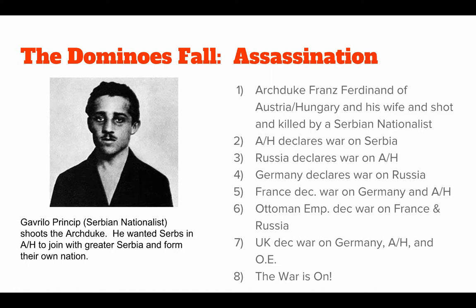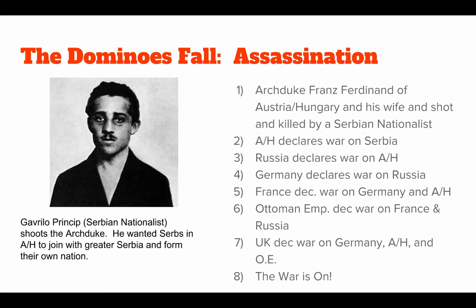So they want to break away and form their own nation. And he is definitely caught up in this cause. He, as a part of this, thinks it would be a good idea to assassinate the Archduke of the Austro-Hungarian Empire, Franz Ferdinand. He ends up killing him, and as a result, the Austro-Hungarian Empire declares war on Serbia.